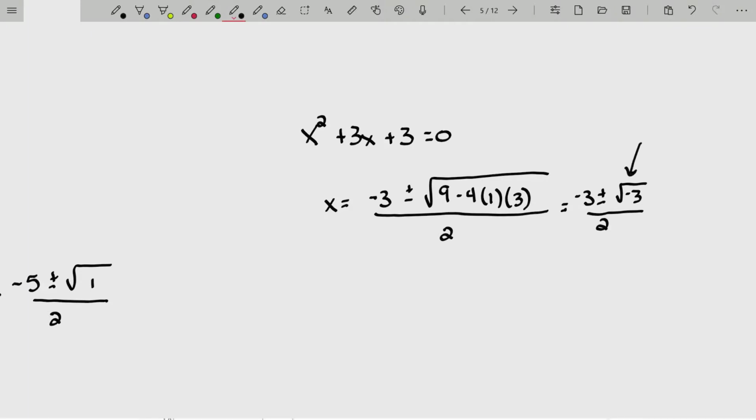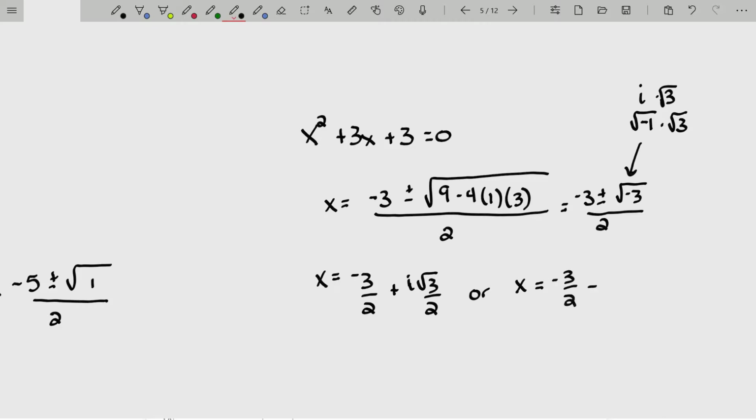Remember, the square root of negative 1 is i, so you could rewrite that as the square root of negative 1 times the square root of 3, or in other words, i times square root of 3. And so I can say, therefore, x is equal to either negative 3 halves plus i root 3 over 2, or x is equal to negative 3 halves minus i root 3 over 2.